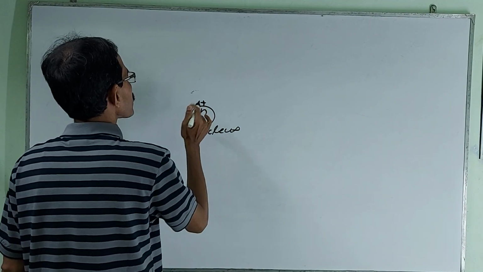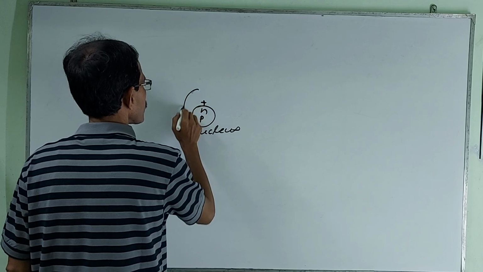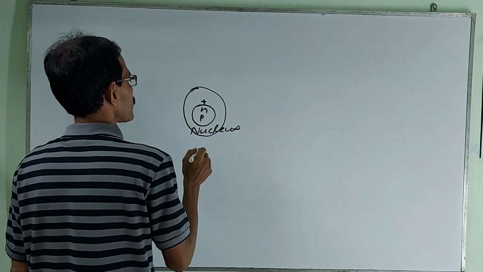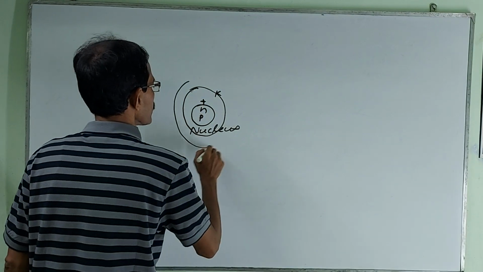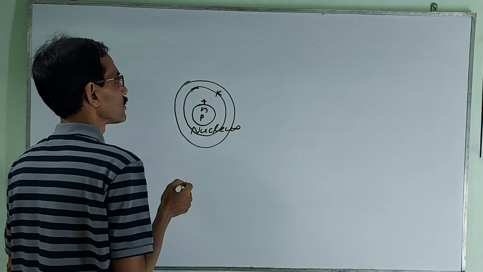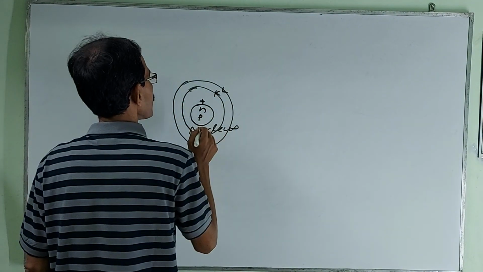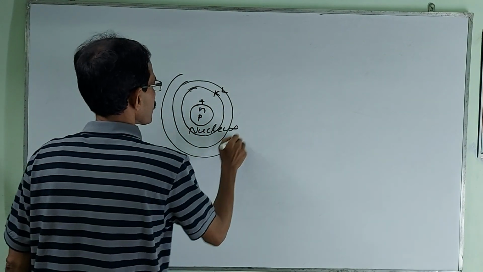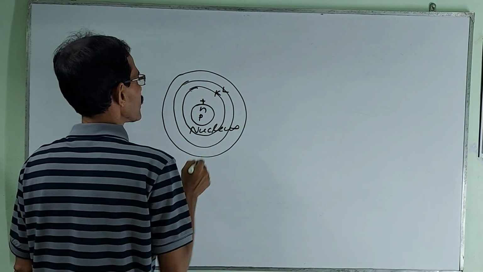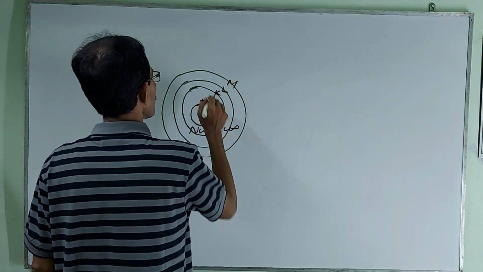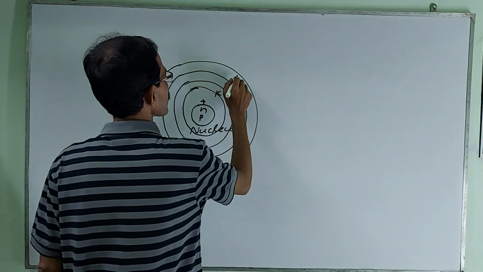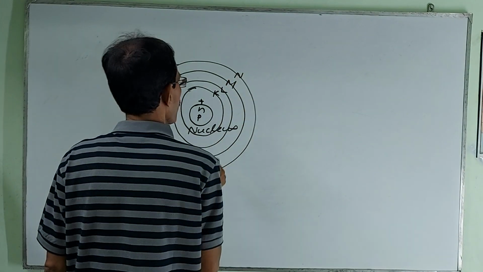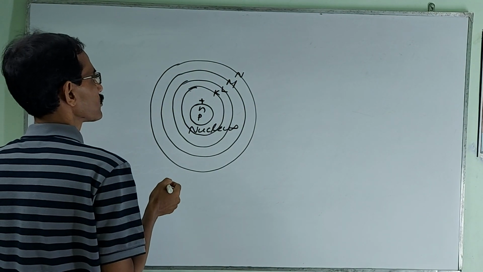Around the nucleus, there are orbits. This is the first shell, K shell. This is the second shell, L shell. This is the third shell, M shell. This is the fourth orbit, nth orbit, N orbit.